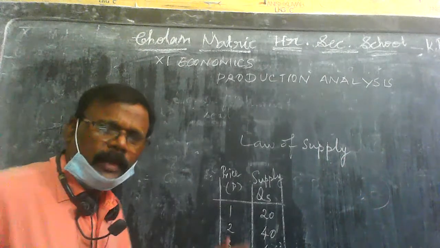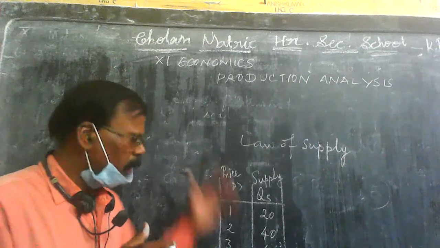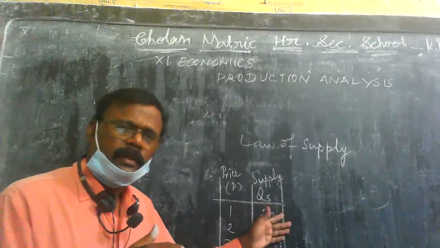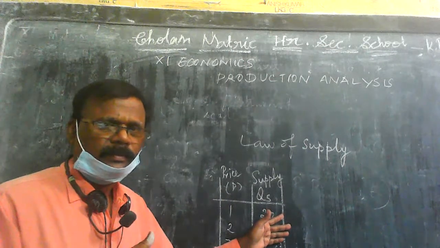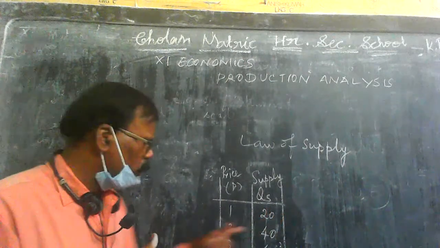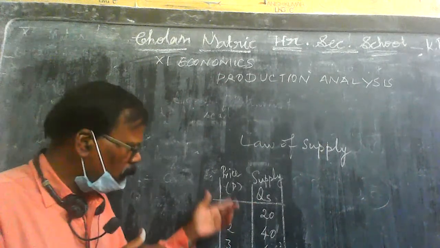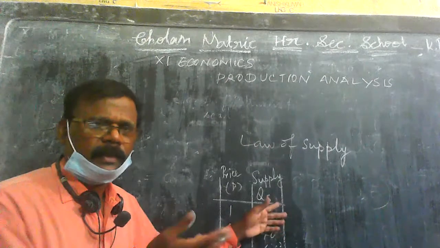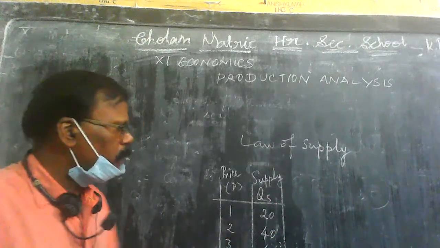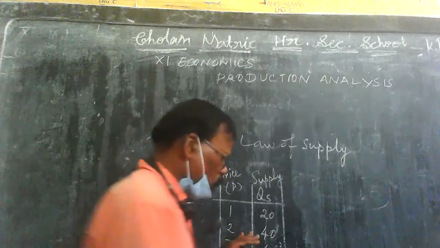That is why it gives a positive relationship between the price of a commodity and the supply of that commodity. Now, with this schedule, we can draw the diagram.